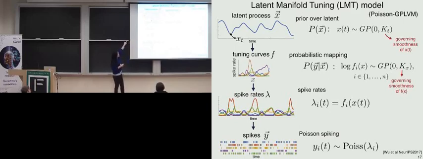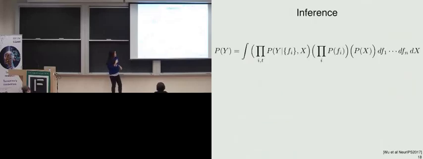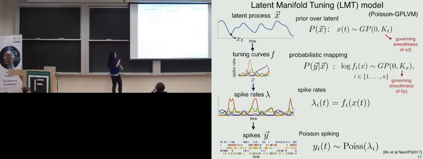We input xt into the tuning curves for all the neurons to generate the firing rates lambda at time point t. Finally, we get spike trains at time t. So just briefly going over the generative procedure.